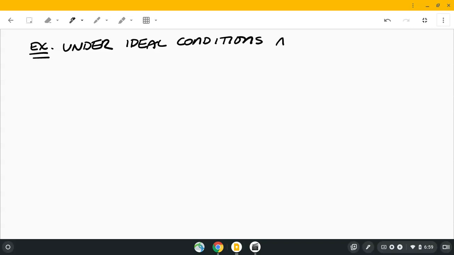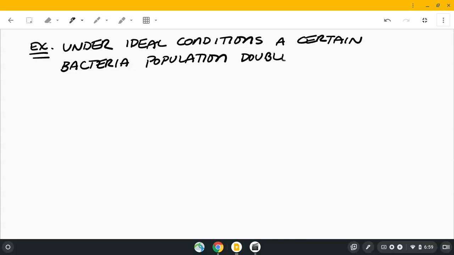Okay, so let's take a look at this one. Under ideal conditions, a certain bacteria population doubles every 3 hours.